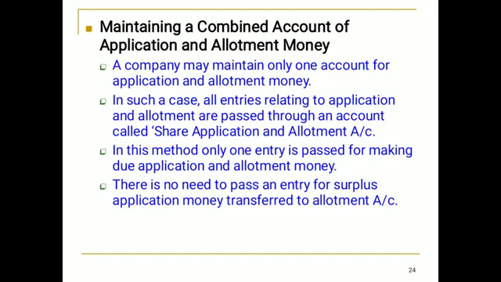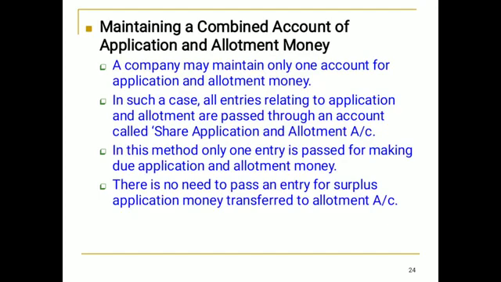In this method, only one entry is passed for making due application and allotment money. Why? Because the combined accounts are prepared. So the journal entry for making allotment money due and transferring the amount of application will be combined, and instead of two, only one entry is passed.